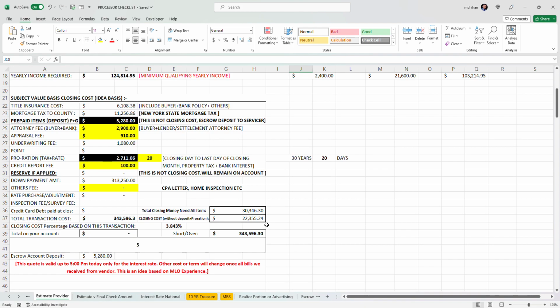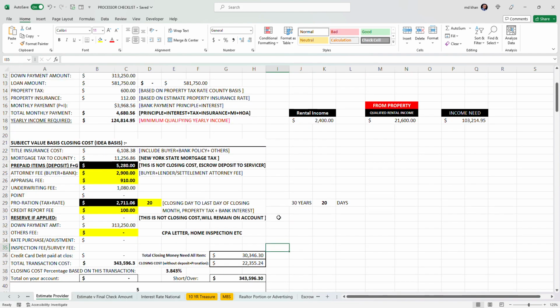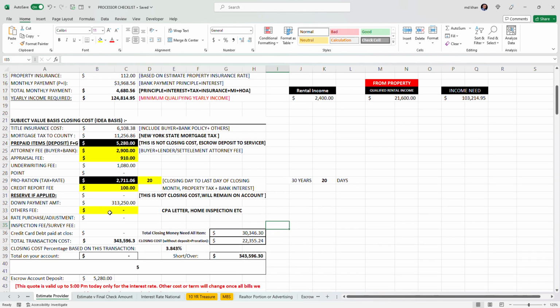But here is the confusing thing: you might see that the down payment will be 313, and you said the closing cost is $22,355. So where do the other $7 or $8,000 go?